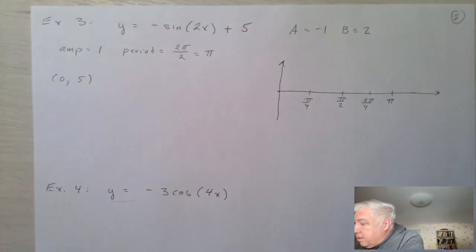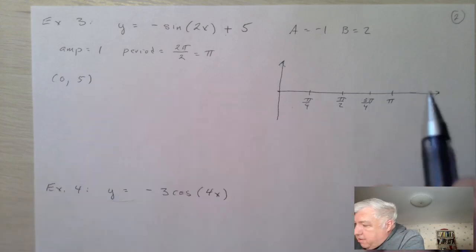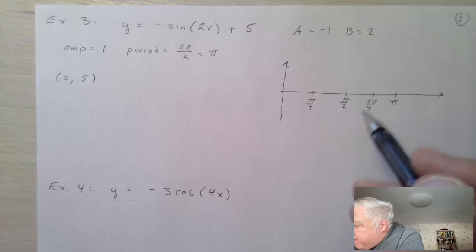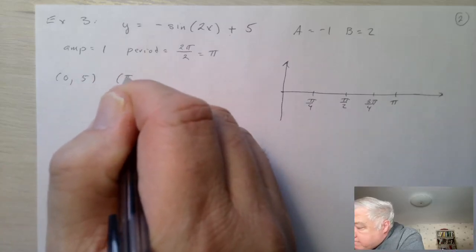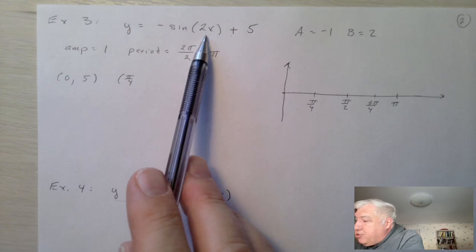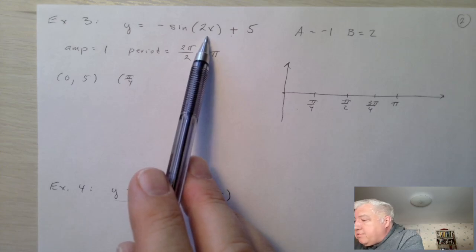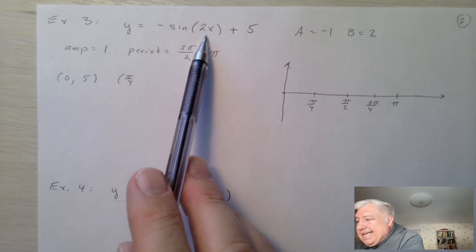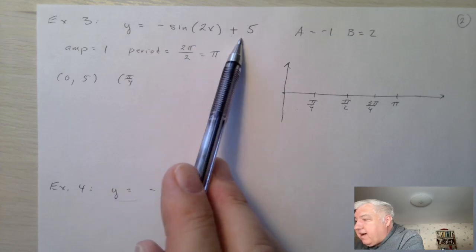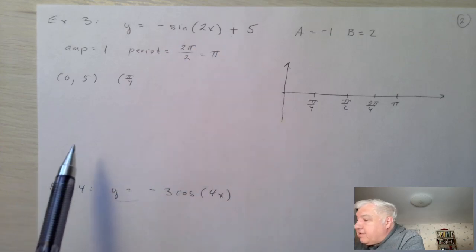Then we'll have pi over 4. You multiply that by 2, and you get pi over 2. The sine of pi over 2 is 1. This will be -1 plus 5, that is 4.